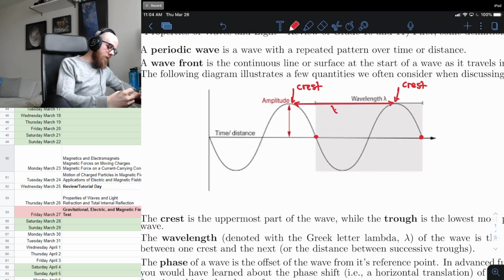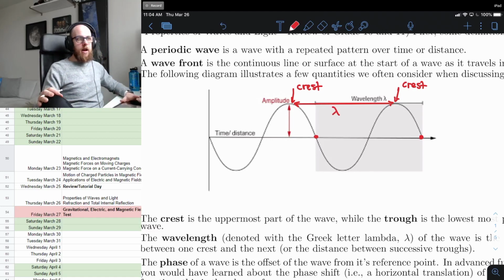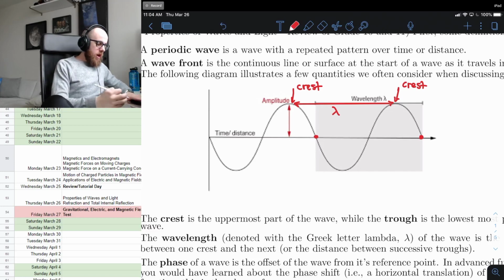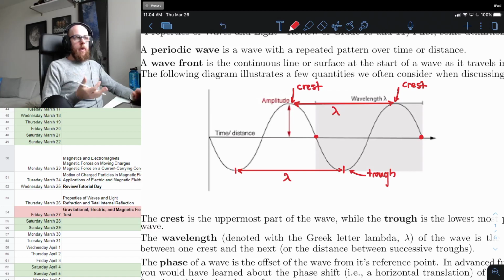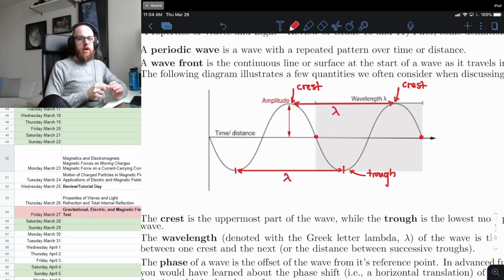The symbol we use for wavelength is the Greek letter lambda. We could also measure the wavelength from trough to trough. This would also be the wavelength. Again, it's essentially one unit of the wave, and then that unit just repeats with time.